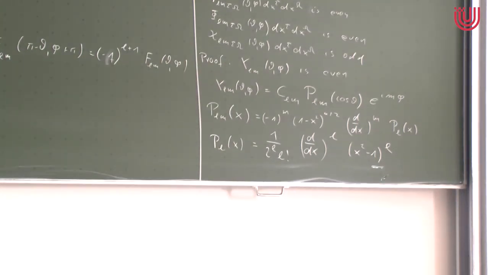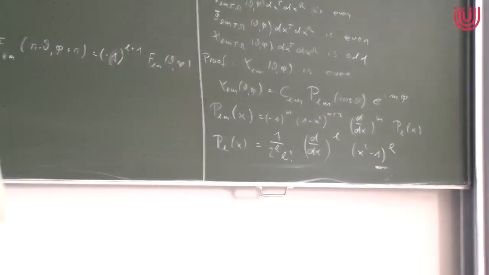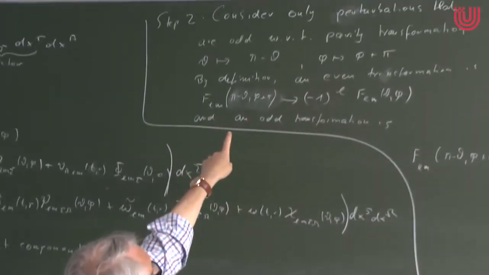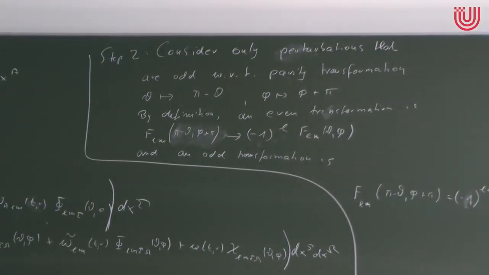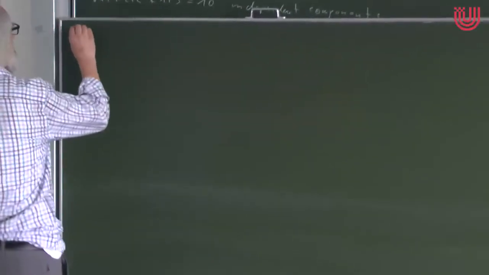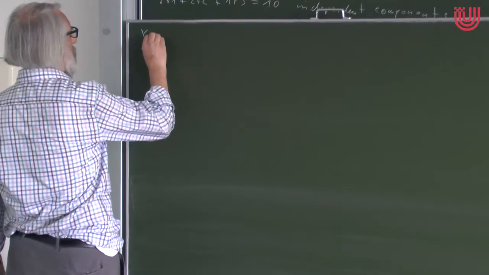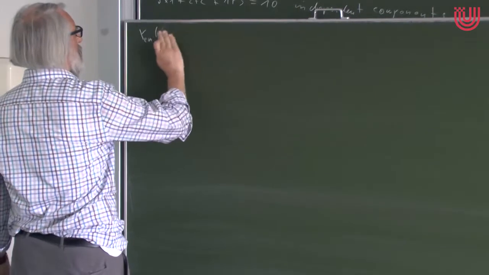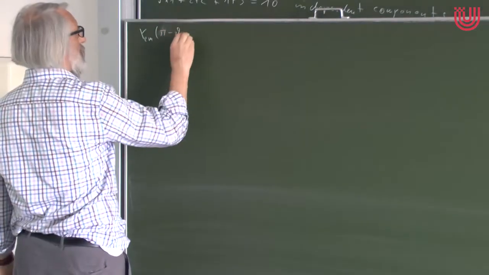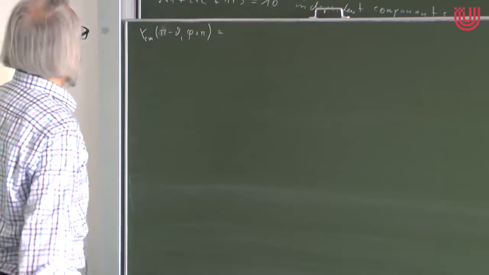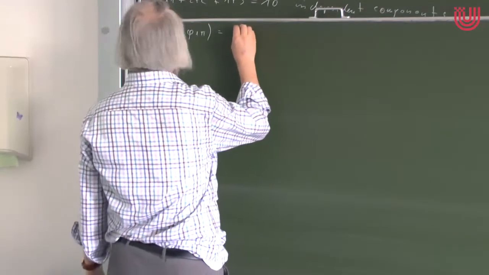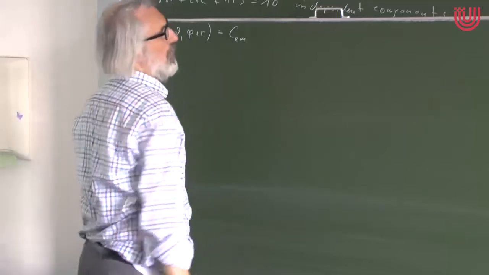Okay, so we have to see how they transform if I change theta into pi minus theta and phi into phi plus pi. So Y_LM of pi minus theta, phi plus pi is what? This is this normalization factor which plays no role.